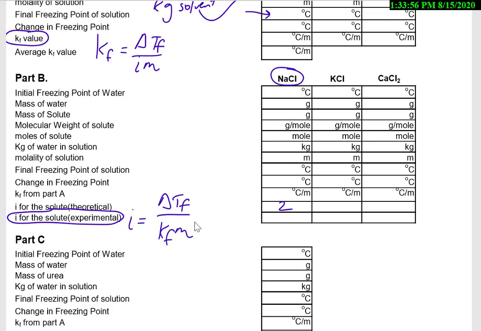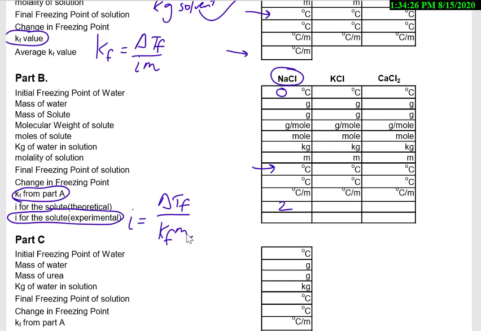Here, if we see where we're getting these variables from, again, water generally by itself will freeze at 0 degrees. And here we will be given a final freezing point again, so we can subtract and figure out the difference. That'll give you your delta Tf. Your Kf is coming from part A. So you'll come up here, and whatever Kf value you found, your average, that's what you'll bring down for your Kf.